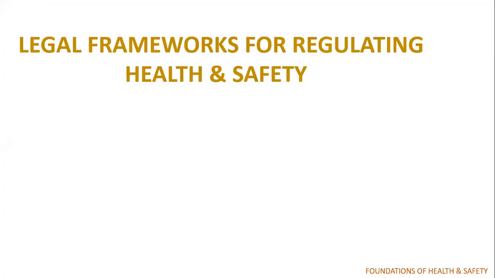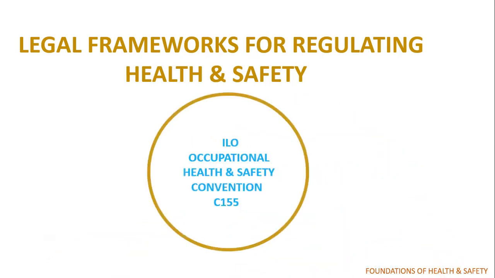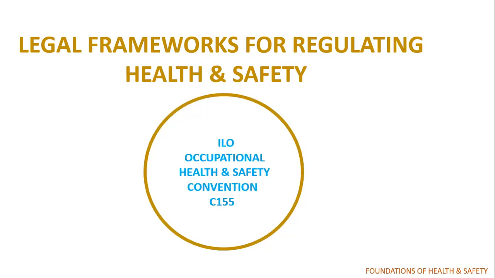So now, what is the legal framework for regulating health and safety? This means, what are the legislations which regulate health and safety? The ILO Occupational Safety and Health Convention C155 we are going to discuss.